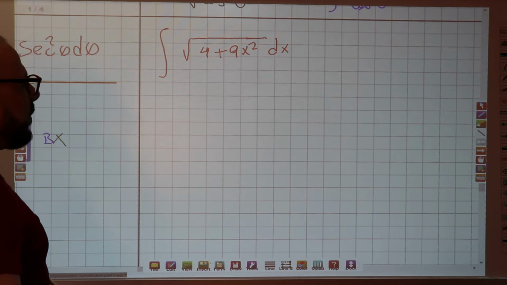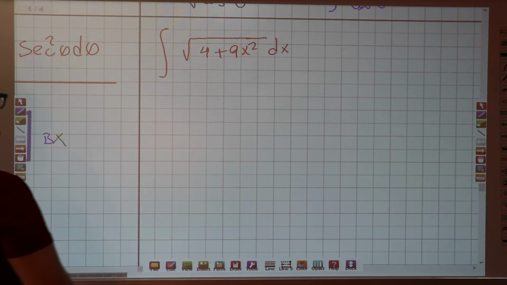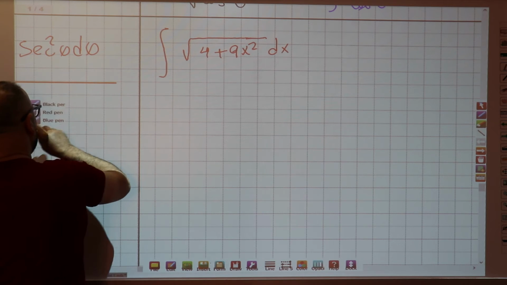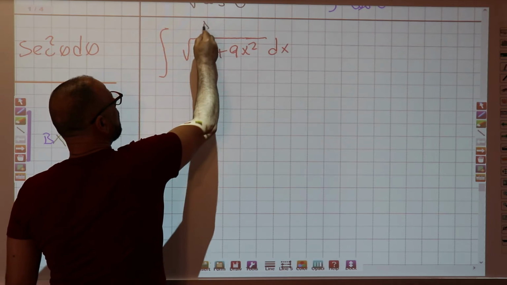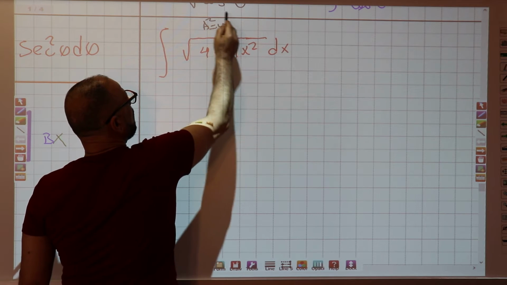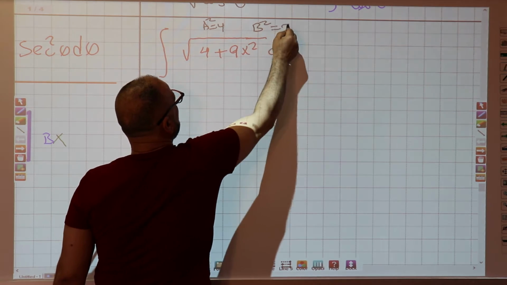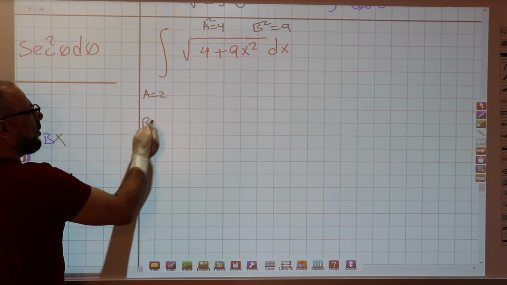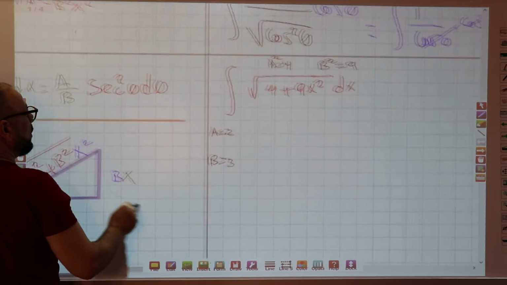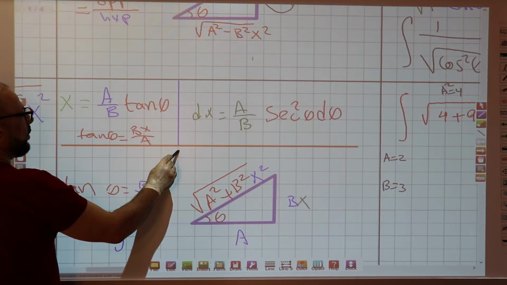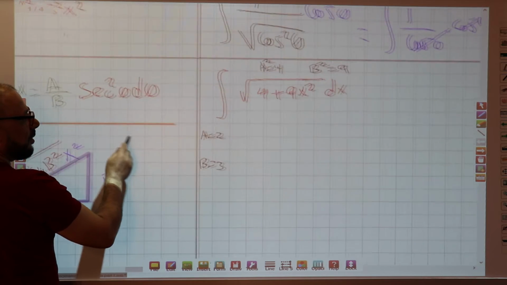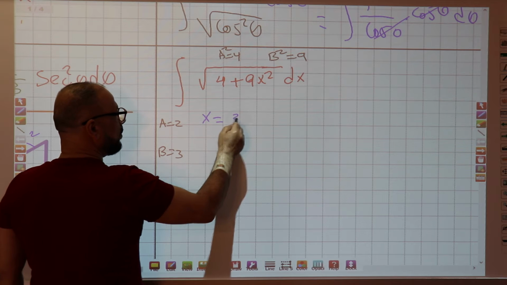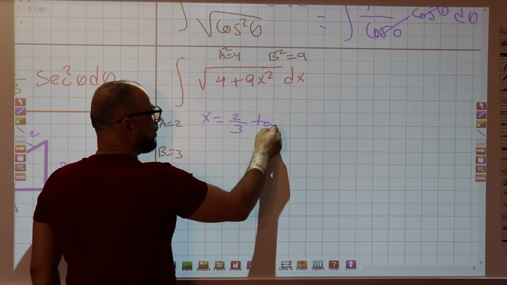This is plus, not minus, so we're going to use the rule. A squared is 4, b squared is 9, that means a is 2 and b is 3, and the rule is a over b tan theta. So x equals 2 over 3 tan theta.